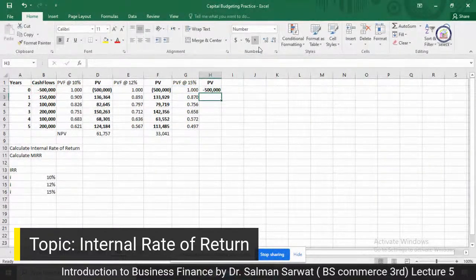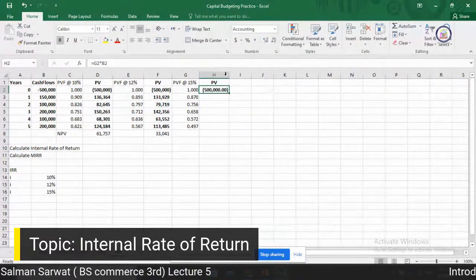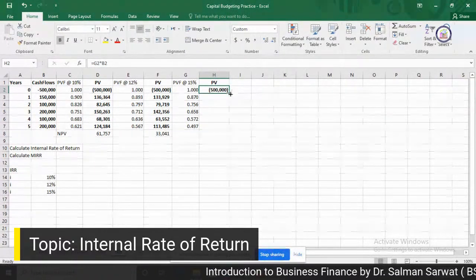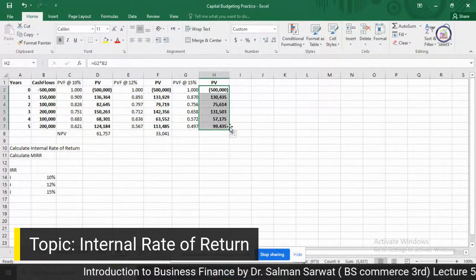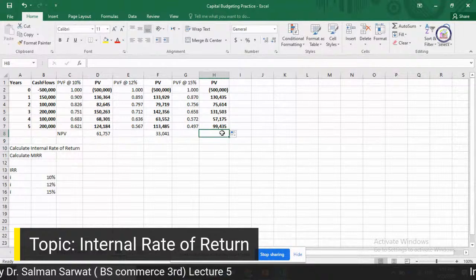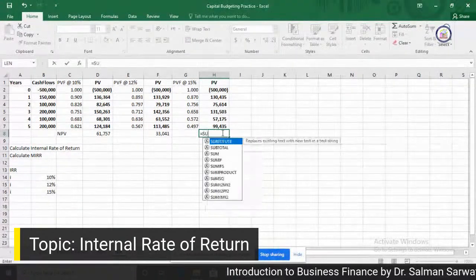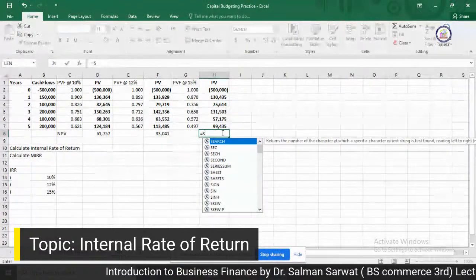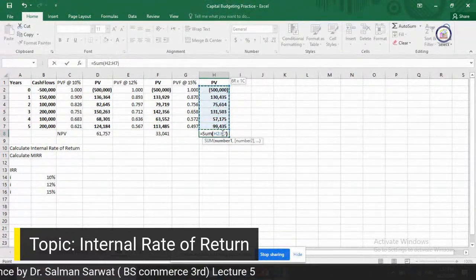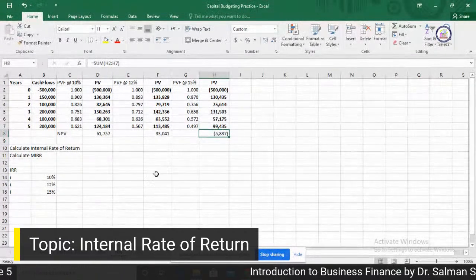Okay, and after calculating the present value of each individual cash flow, we will be adding all the values. Now this time we get a negative value.